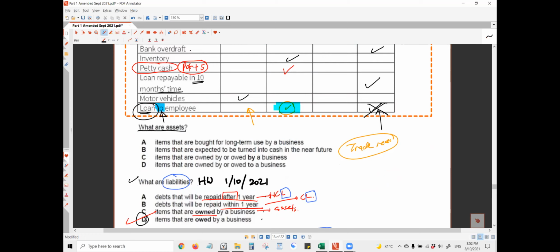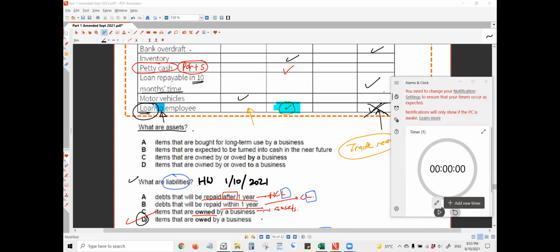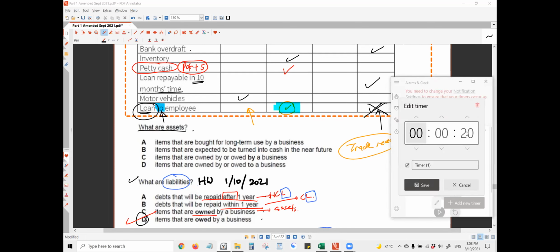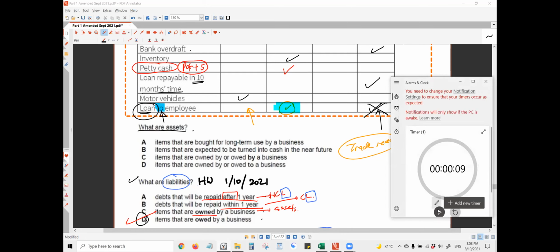What are assets? All of you, tell me your choice in the chat box after you have decided. You tell me your choice A, B, C, or D in the chat box. Then I tell you the answer. I wait for you. 9 more seconds.